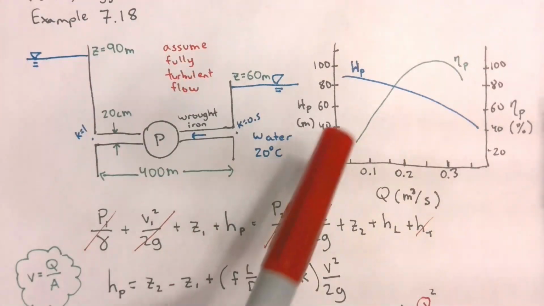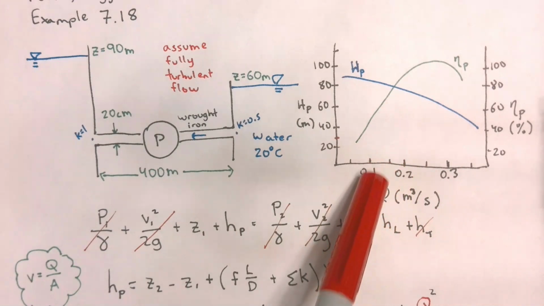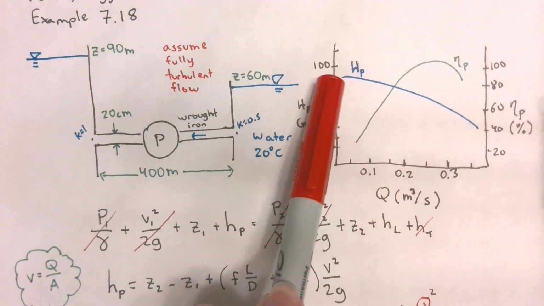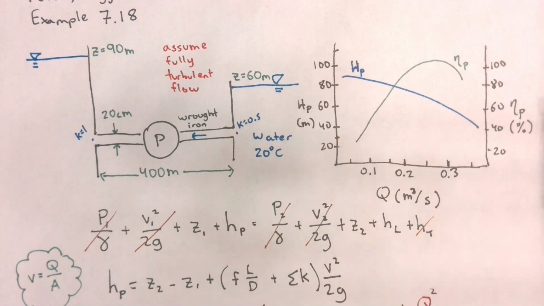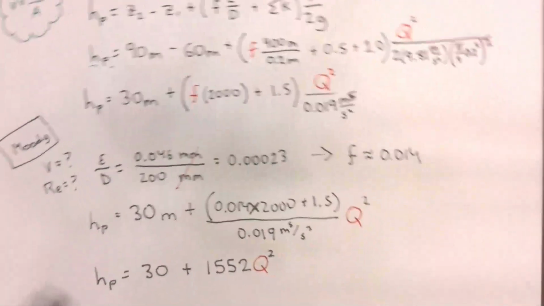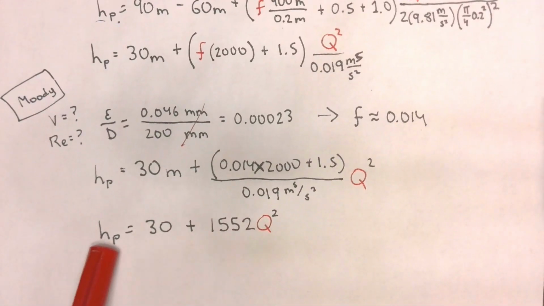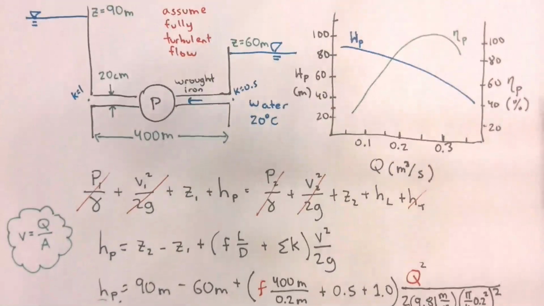So this means that for this pump, at this flow rate, the pump will produce this pump head. However, for the system, it'll be different. For the system, at this flow rate, the system requires this pump head, and they may not always be the same. In fact, you'll see that they're only the same at one point.